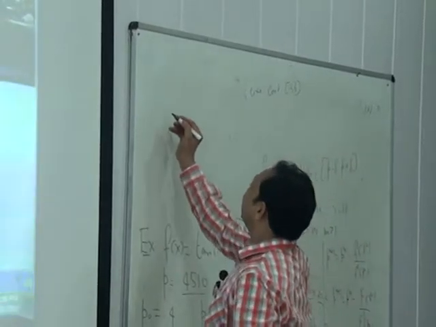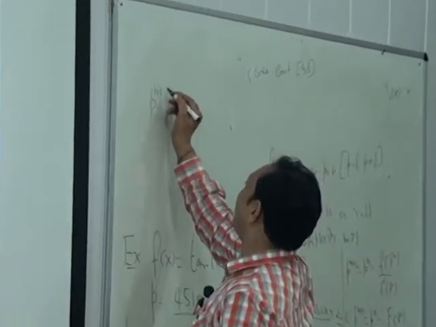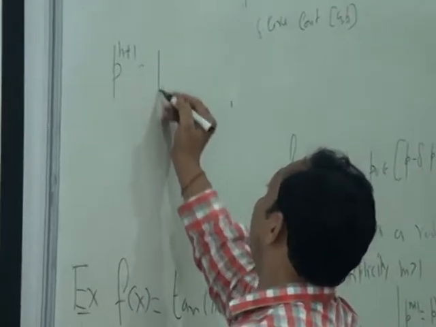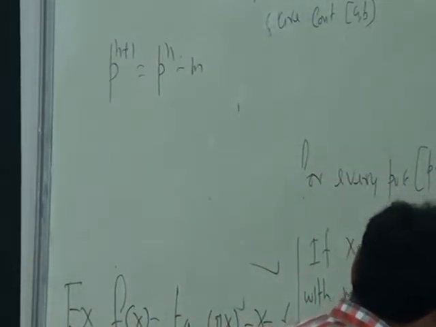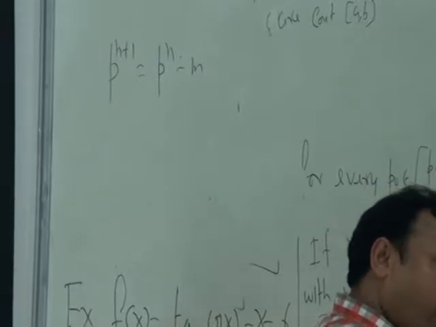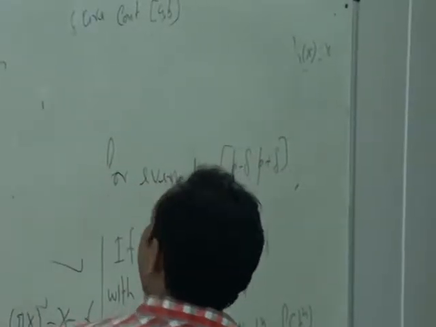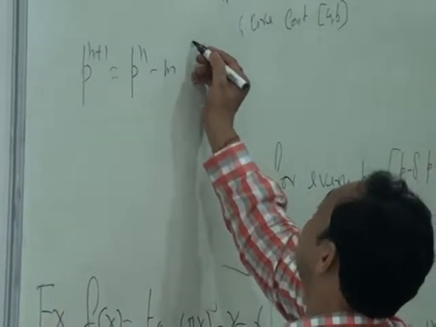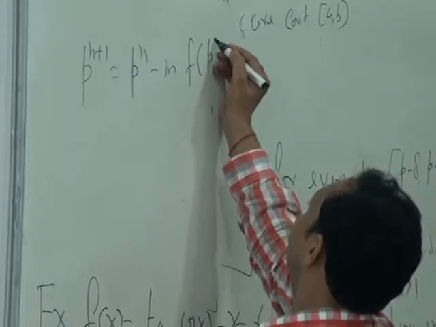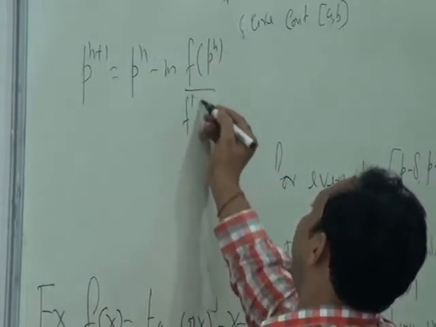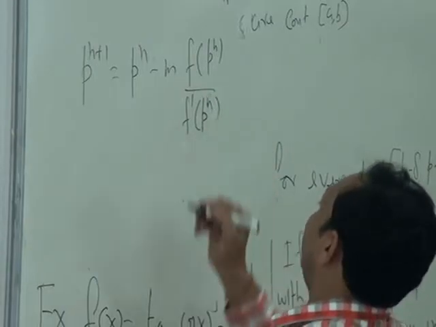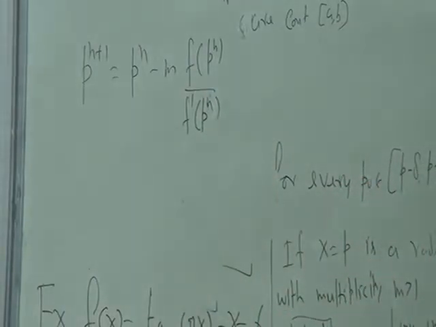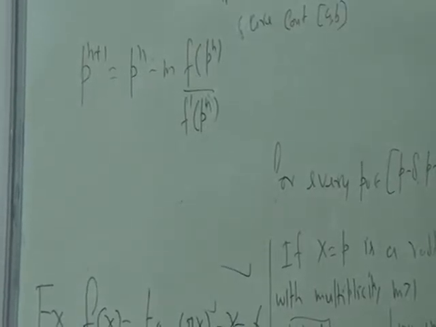The scheme will now be Pn minus m, where you know your multiplicity number m, whatever you have, you put here. M into the only change is F(Pn) divided by F dash Pn. That's all. This scheme converges with alpha equal to 2.